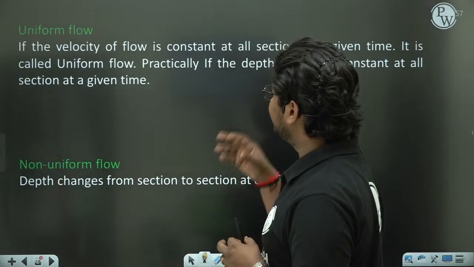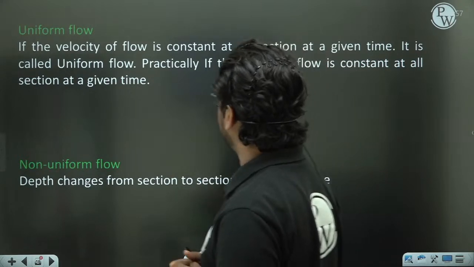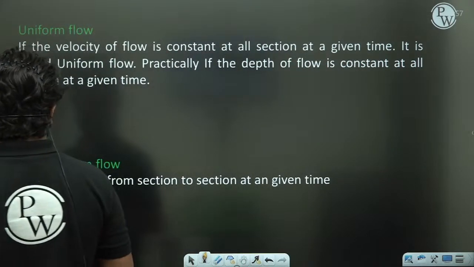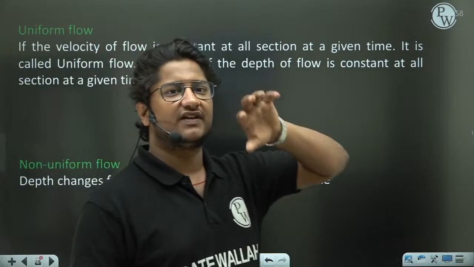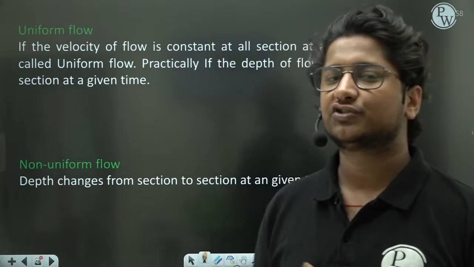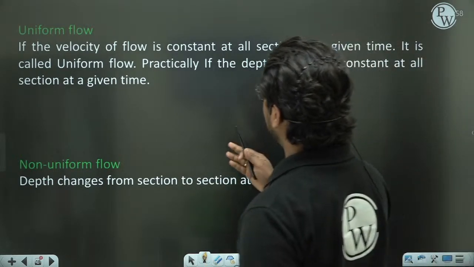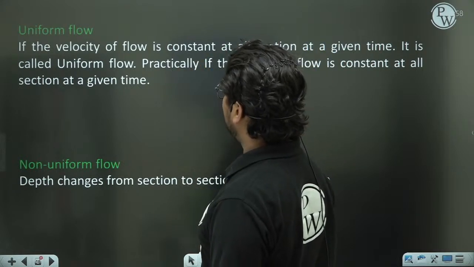If the velocity of flow is constant at all sections at a given time, it is called uniform flow. Here they have mentioned only velocity, but that doesn't mean you always need to take velocity. Depth and discharge are also included. So if the flow parameter is constant at all sections at a given time, it is called uniform flow.